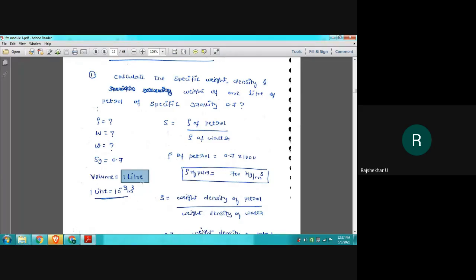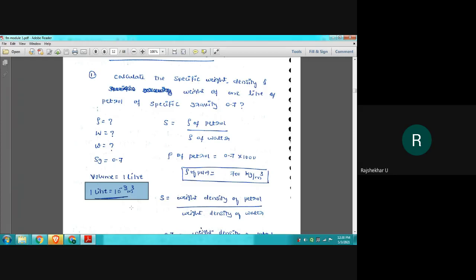The standard conversion you can remember: 1 liter is equal to 10 power minus 3 meter cube.